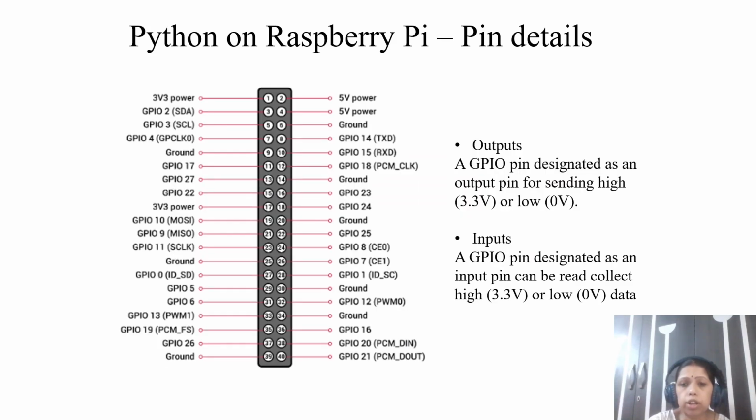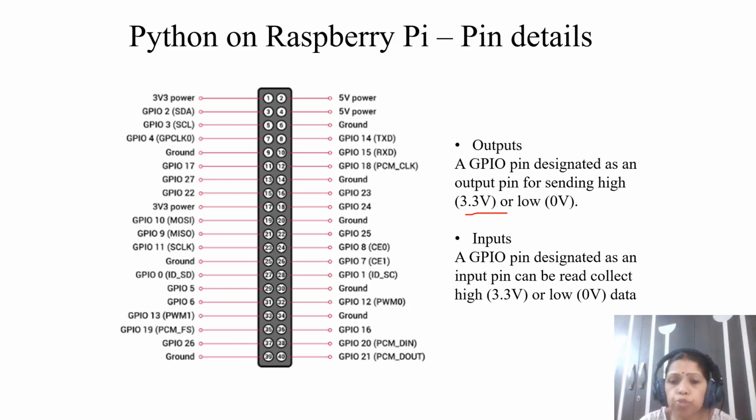So already I have told you. Now, how can you send data? Suppose you connect an LED with GPIO pin 2, any GPIO pin. So you have to send logic 1. How can you send logic 1? If you connect this pin to the 3.3 volt power supply, then you can send logic 1 through this particular pin.